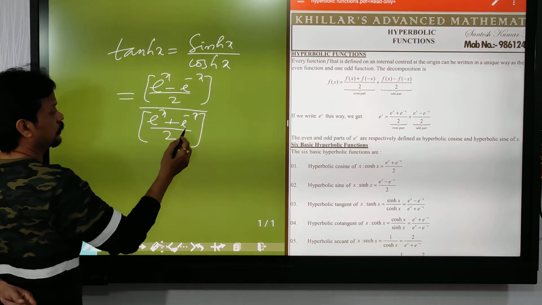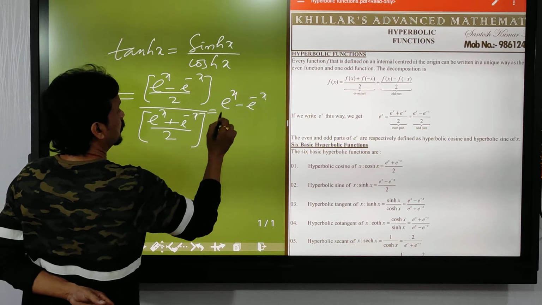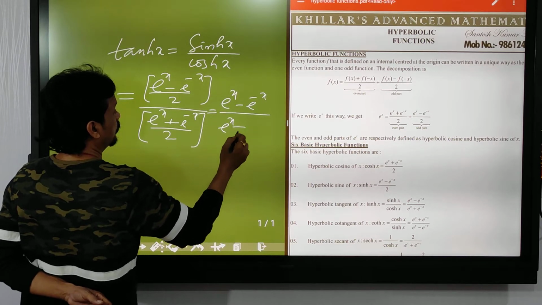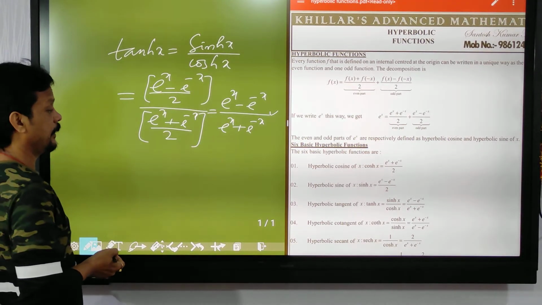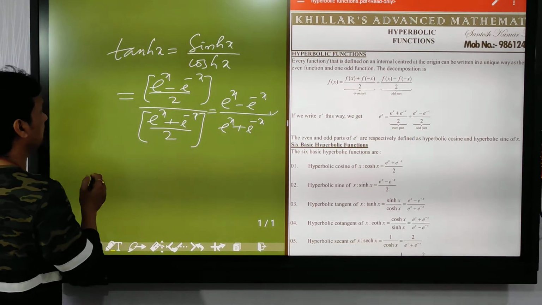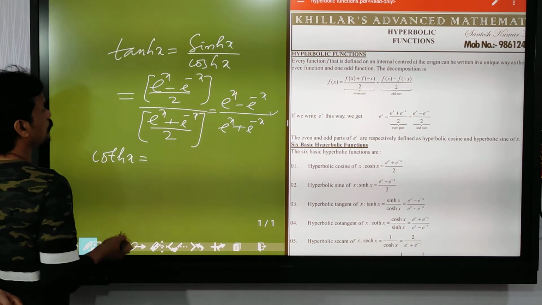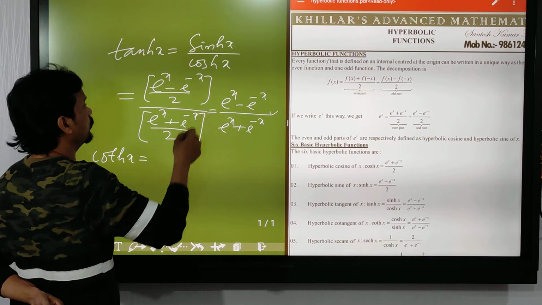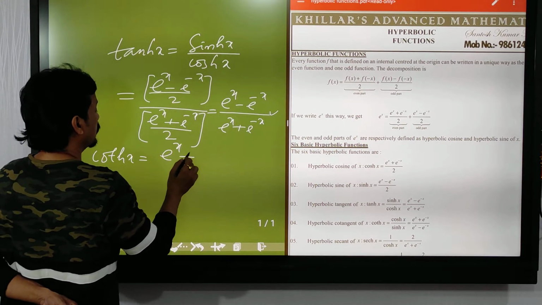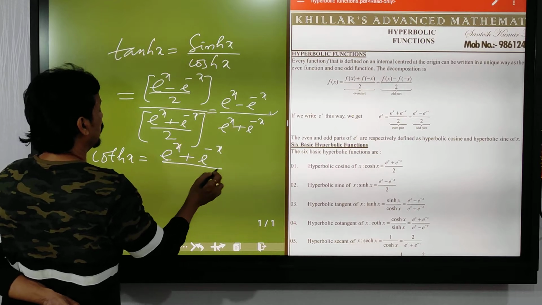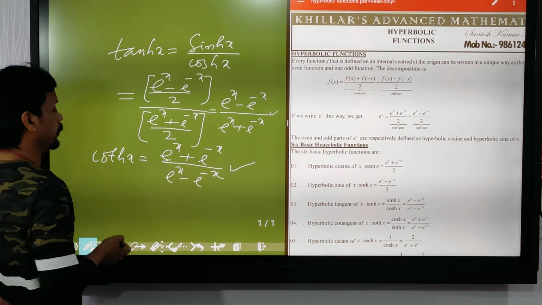So the 2 cancels out, and remains e to the power x minus e to the power minus x divided by e to the power x plus e to the power minus x. This is the formula for tanh x. Clear? Similarly, coth x is the reciprocal of tanh x. Just reverse it: e to the power x plus e to the power minus x divided by e to the power x minus e to the power minus x. So this is the formula for coth x.